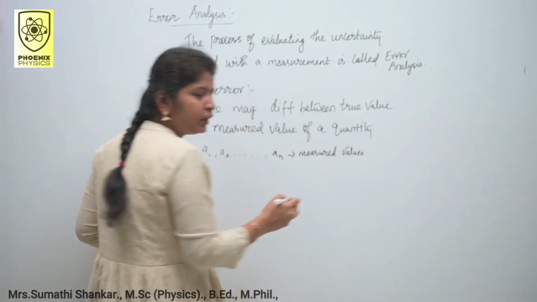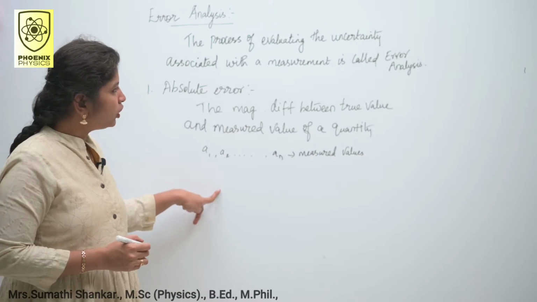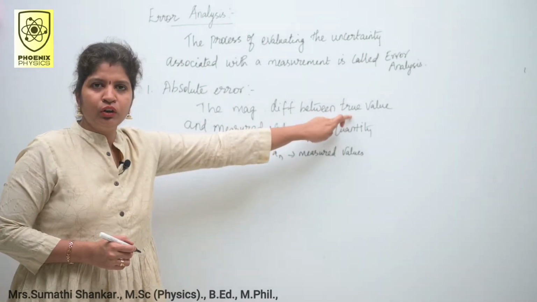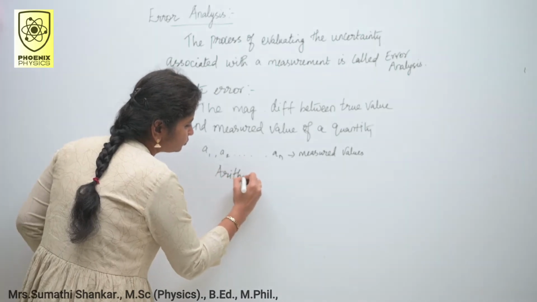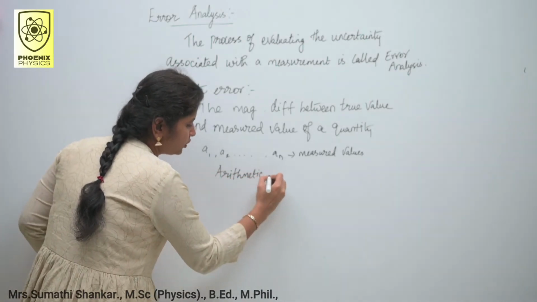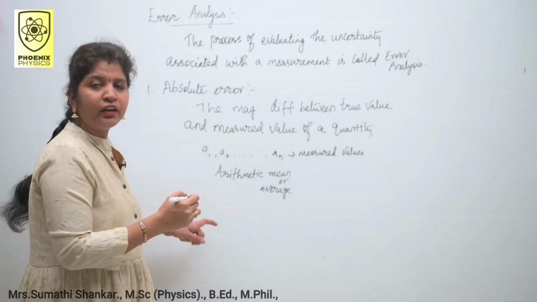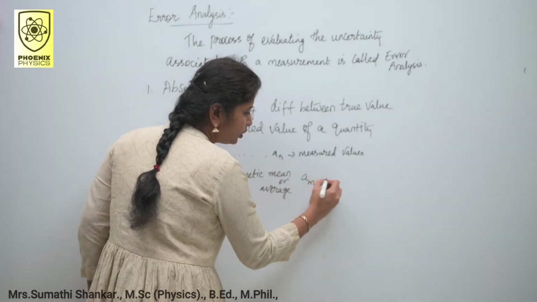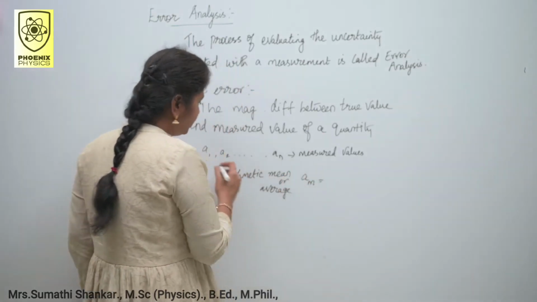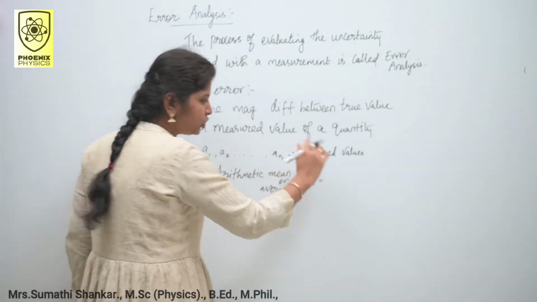Okay, here how do you find out the true value? By taking the arithmetic mean or average, both are the same. How do you calculate the arithmetic mean? Say our arithmetic mean is AM. So you just add all the measured values.